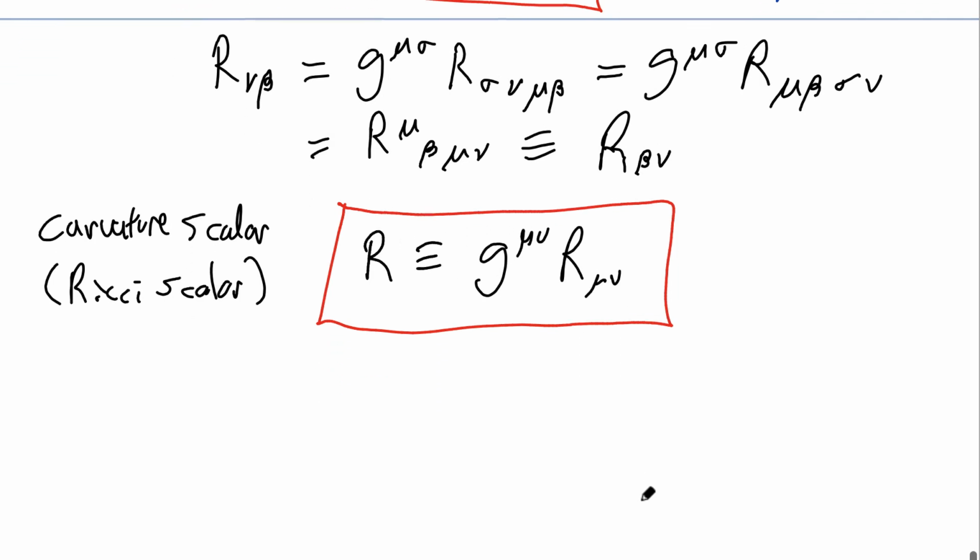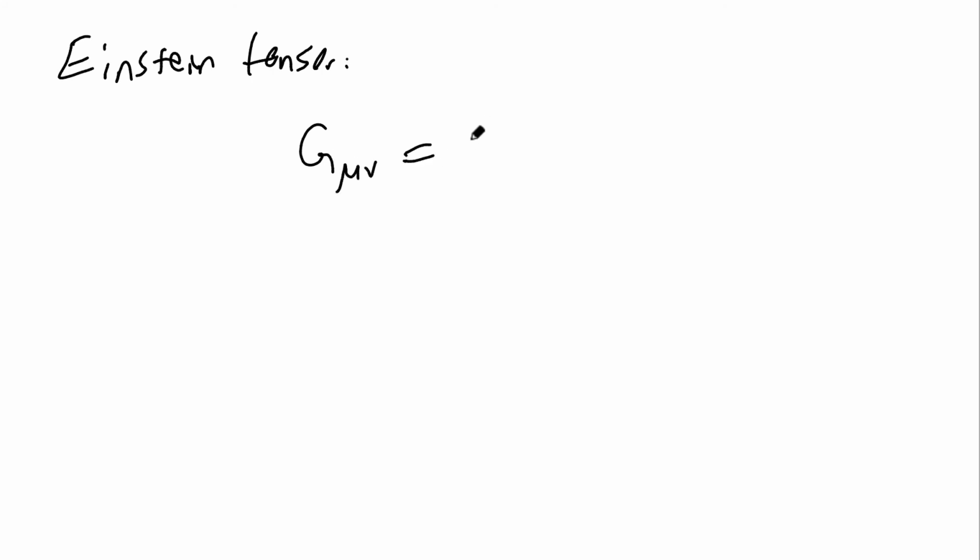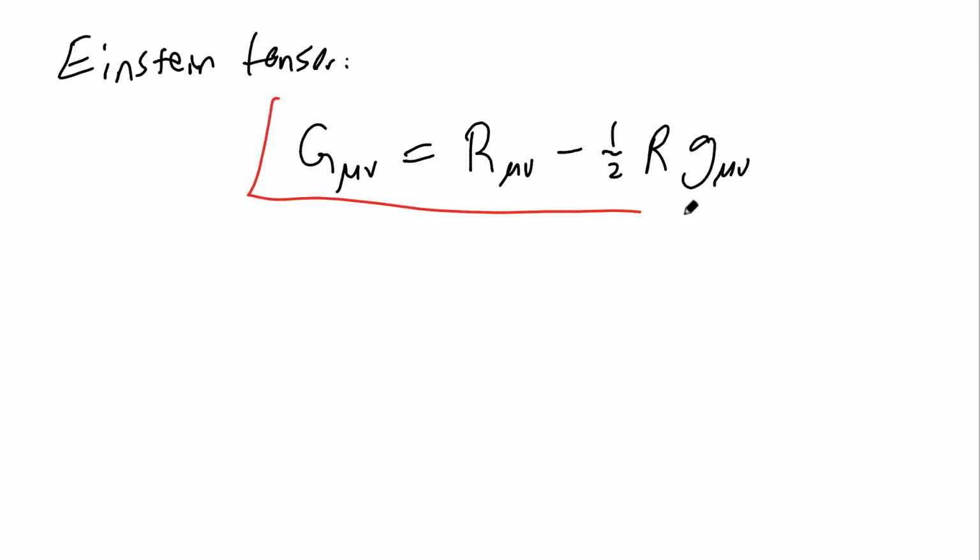We have one more definition to make, and that's the Einstein tensor. It's denoted with a capital letter G. So G_{μν}, a type (0,2) tensor, is just the Ricci tensor minus 1/2 the curvature scalar times g_{μν}.